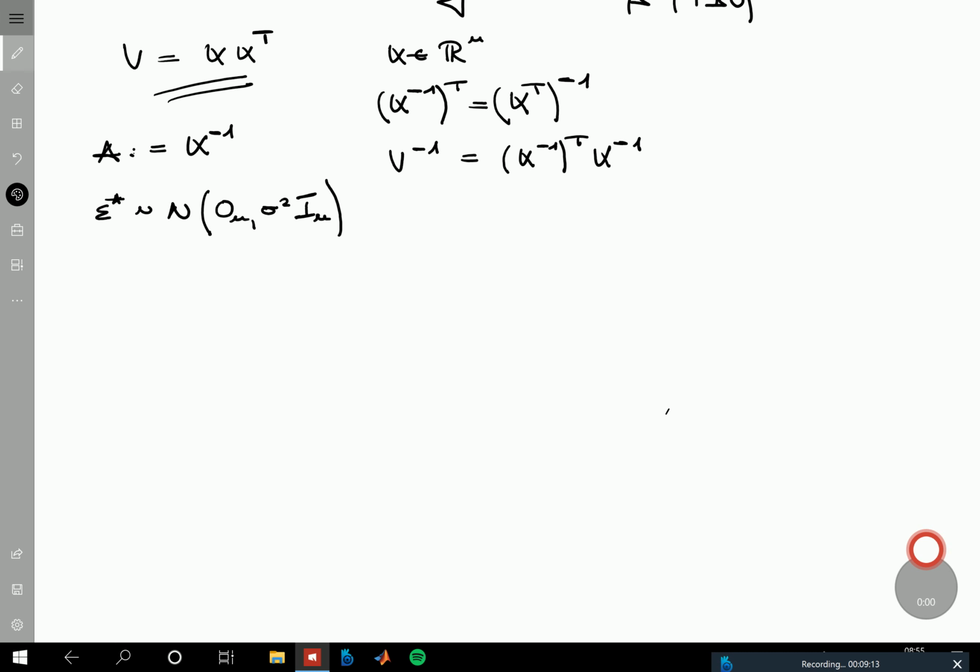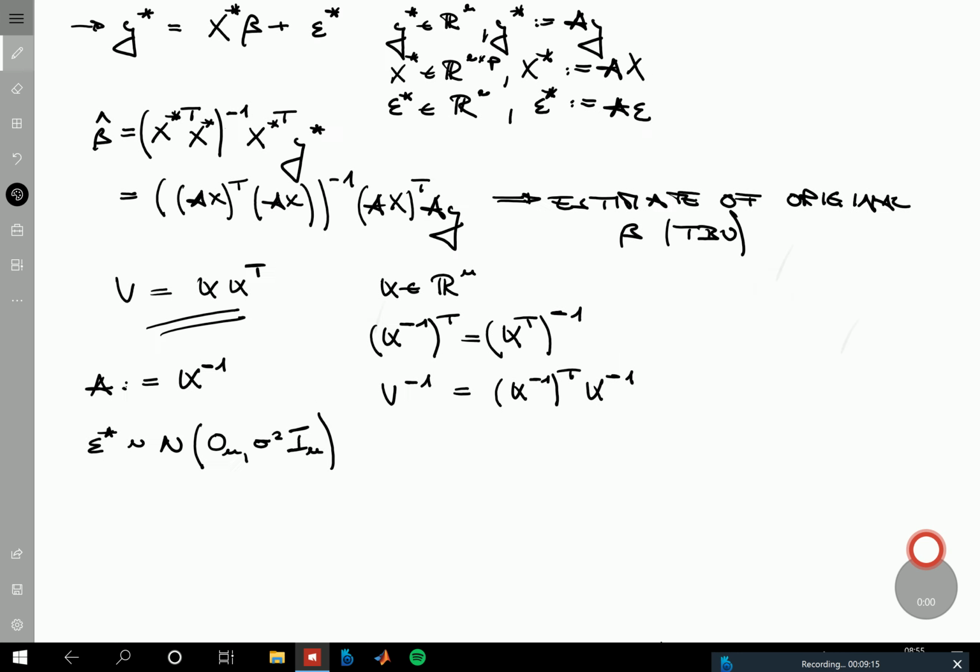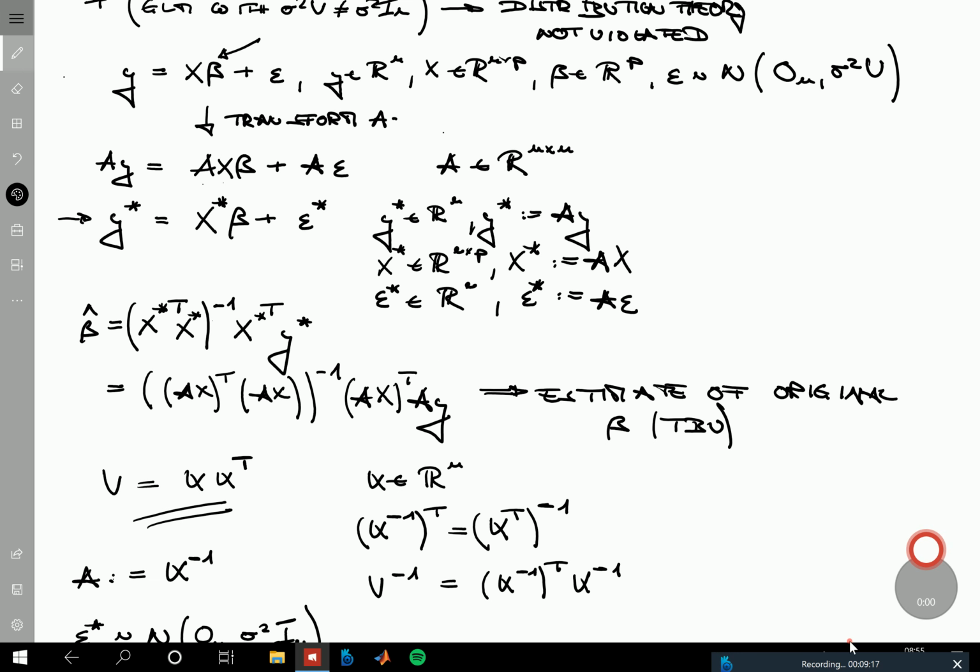So in our transformed version of the GLM, in this transformed GLM, the errors are no longer non-spherically distributed and non-IID, but they are again spherically IID distributed. Why does that hold? Let's have a look.